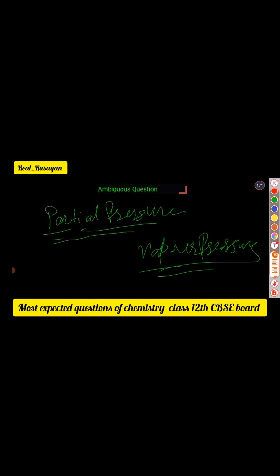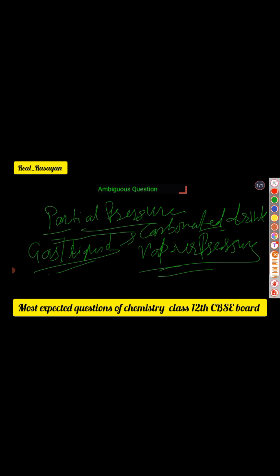Partial pressure is the pressure of the solutions including gas in liquid, like carbonated drinks. And vapor pressure is the pressure exerted by vapors of the liquid solution, or the volatile components of the solution.